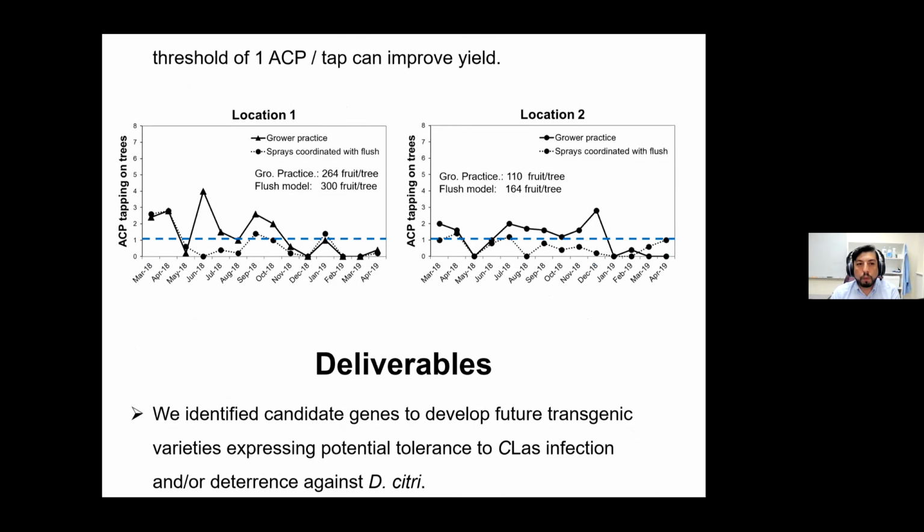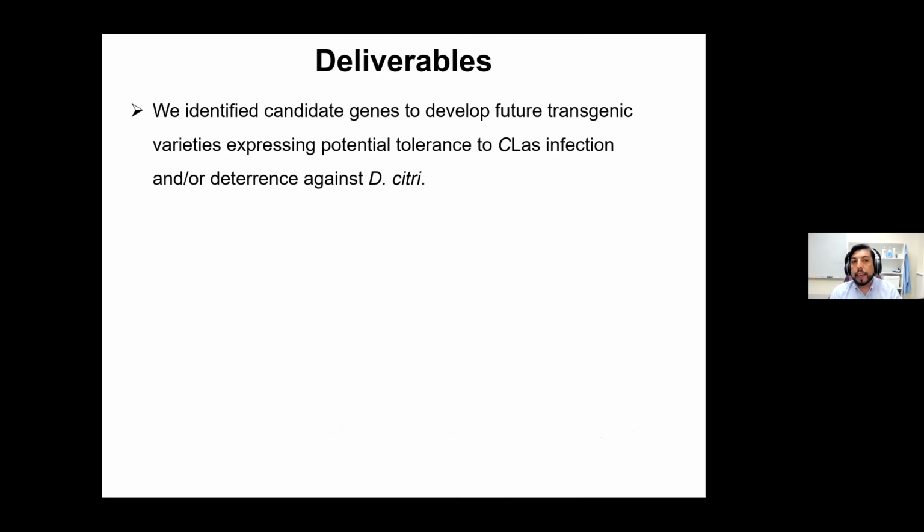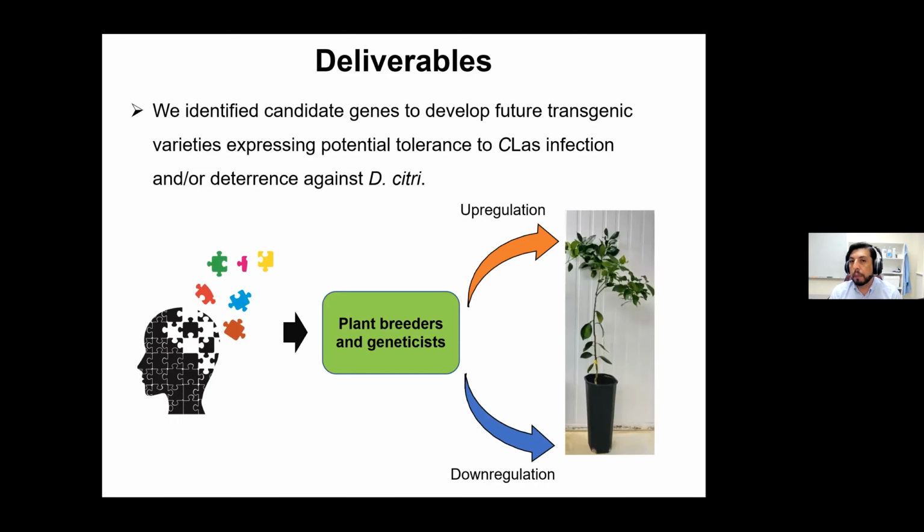We also identified candidate genes to develop future transgenic varieties expressing potential tolerance to silas infection and/or deterrence against Diaphorina citri. For example, if we can reduce the expression of VSMT specifically in the flush, the insect may not smell the molecule, and they are not going to lay eggs on those transgenic plants.